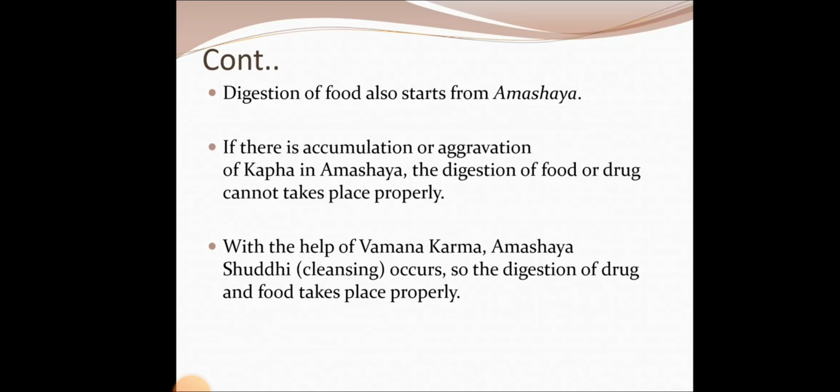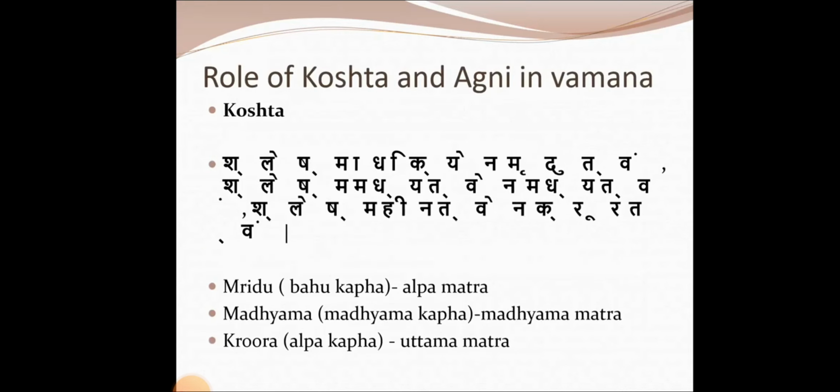Next slide. These are the Koshta and Agni in Vamana. Aruna Datta mentions Sleshma Tikkena Mridutvam, Sleshma Matyatvena Mathyatvam, Sleshma Heenatvena Kruratvam. That is, Mridu Koshta means Bahu Kapha.